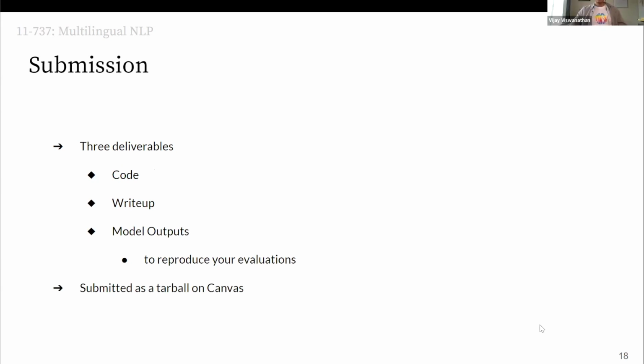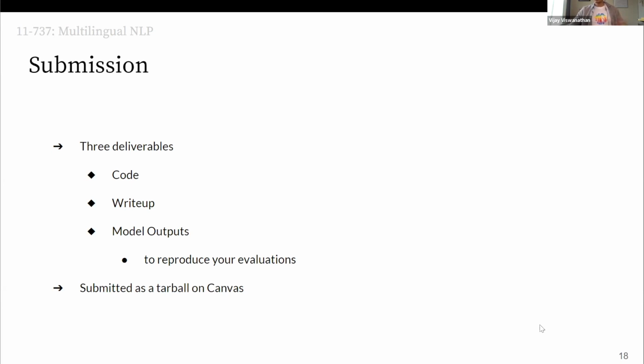And in terms of what we ask from you when you submit the homework, first, you need to submit the code, which should include both the minimum requirements, like the scripts that you've modified in order to support the bilingual and multilingual training for the language pairs in the assignment, but also the additional modifications that you make.